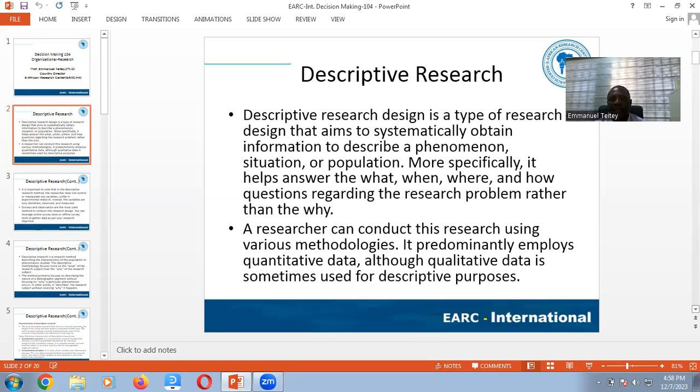More specifically, it helps answer the what, when, where, and how questions regarding the research problem rather than the why. A researcher can conduct this research using various methodologies. It predominantly employs quantitative data, although qualitative data is sometimes used for descriptive purposes.